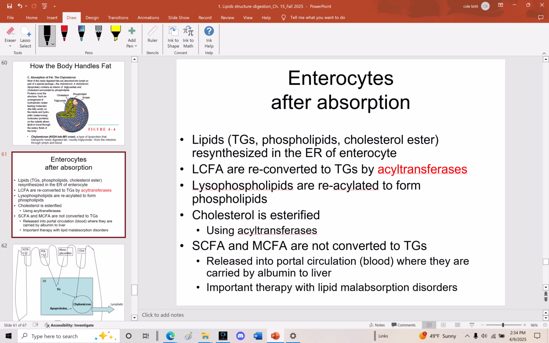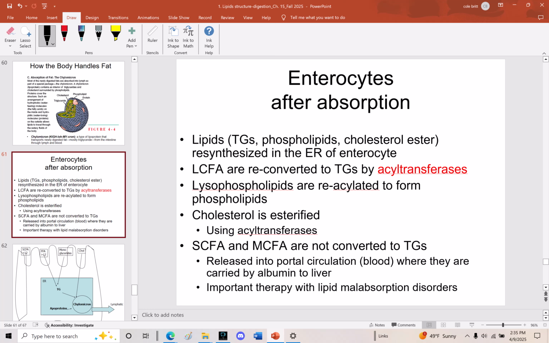So you have the glycerol backbone again. Acyl transferases are what's going to make the ester bond and put the fatty acids back on. And they're all called acyl transferases. Every time you put a fatty acid onto a lipid or onto anything, it's going to be done by an enzyme called an acyl transferase.